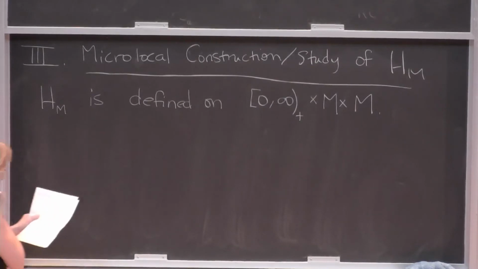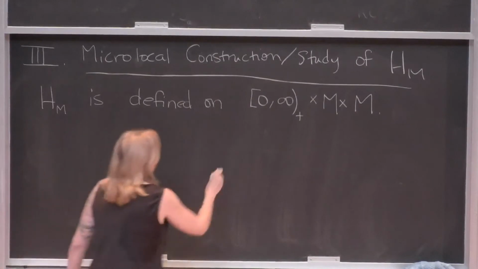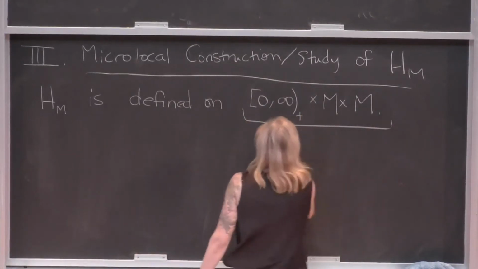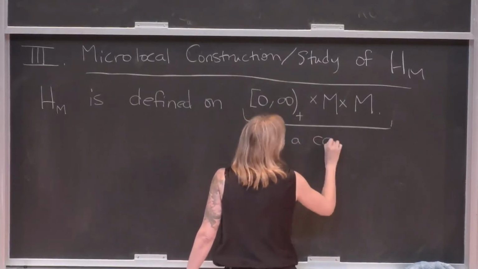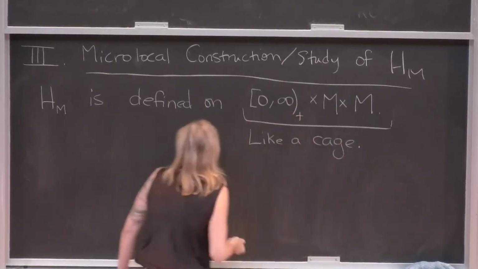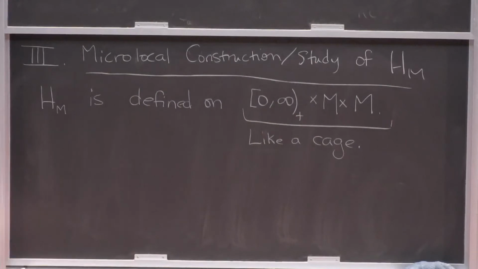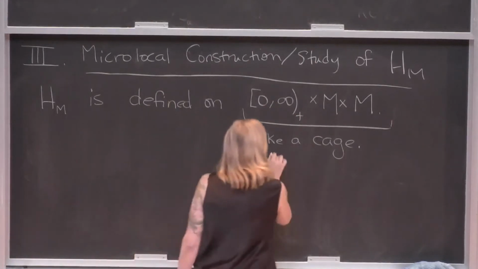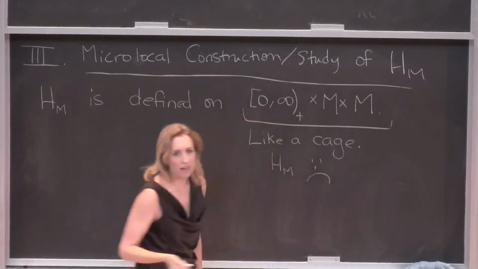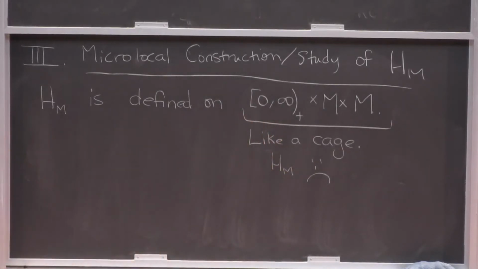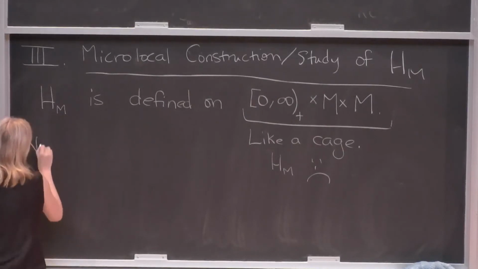But I'm going to use a little analogy. This is like a cage. So it's defined there, but HM is not happy there. Happy in the sense of being mathematically well behaved. Okay, so this is not the natural habitat, so to speak.